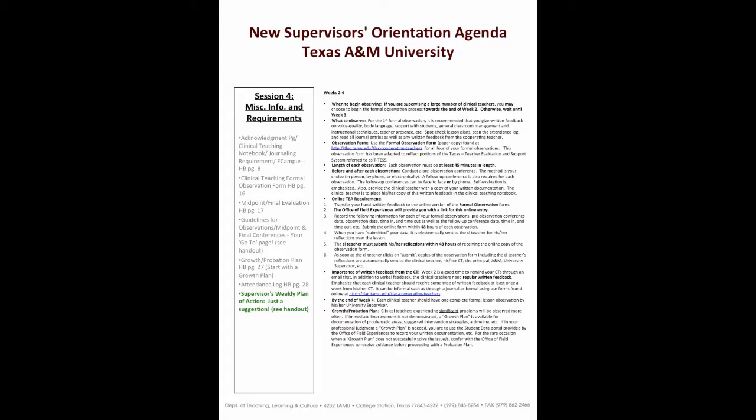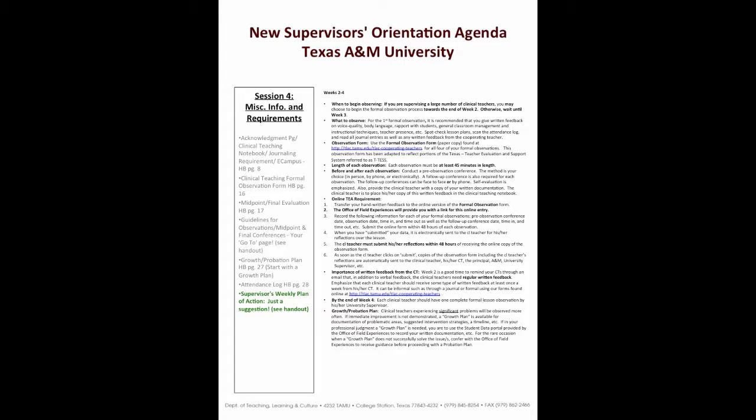You already know to conduct a pre-observation conference. The method is your choice. It can be in person, by phone, or electronically. A follow-up conference is also required for each observation. The follow-up conferences can be face-to-face or by phone, not electronic though.